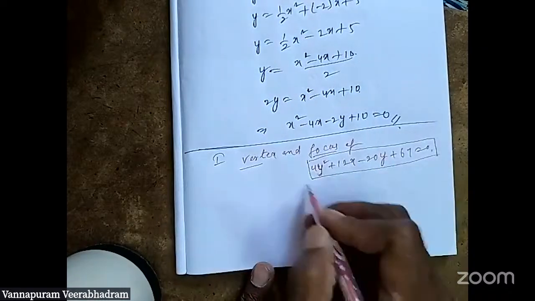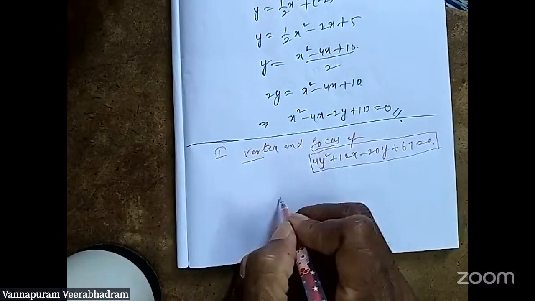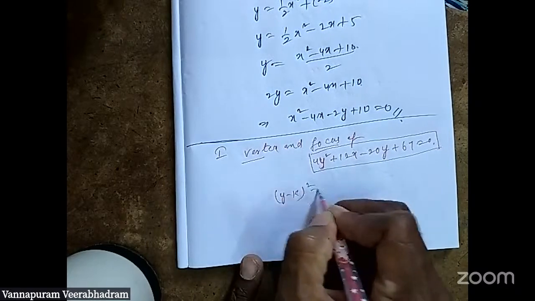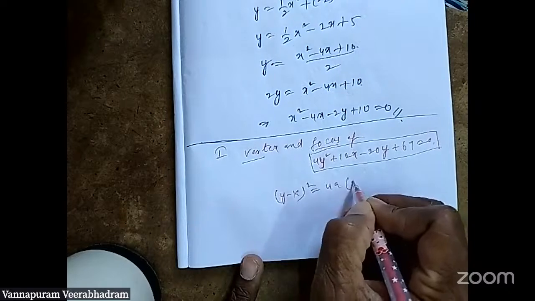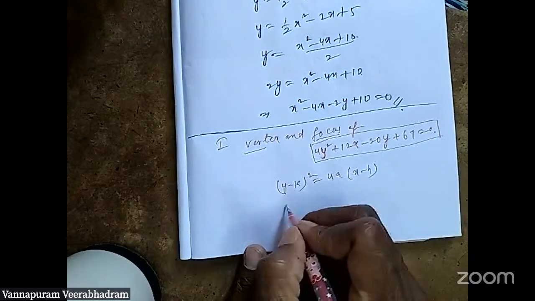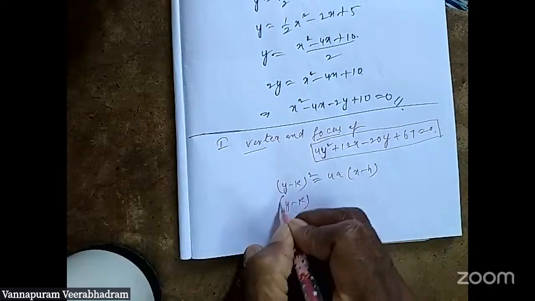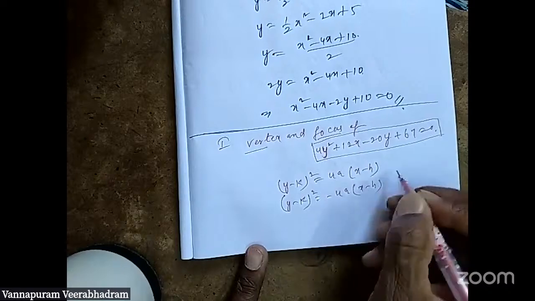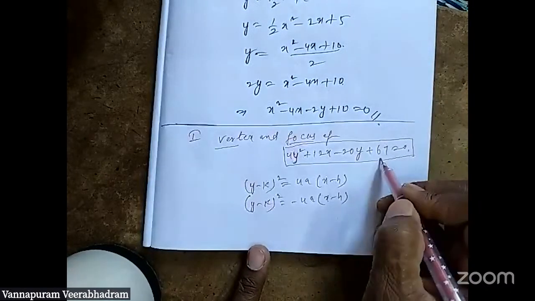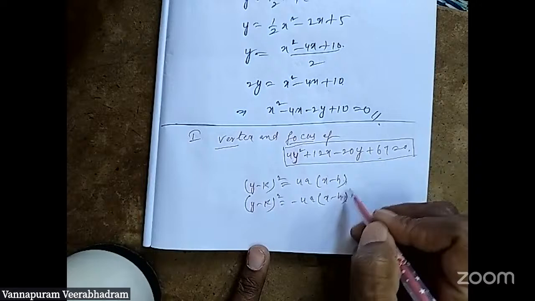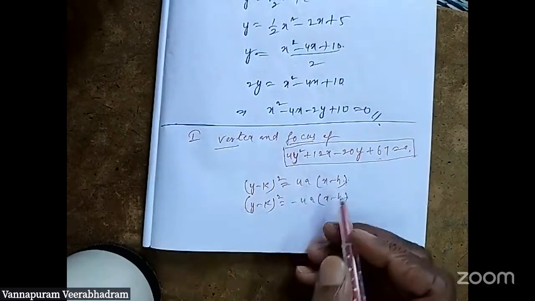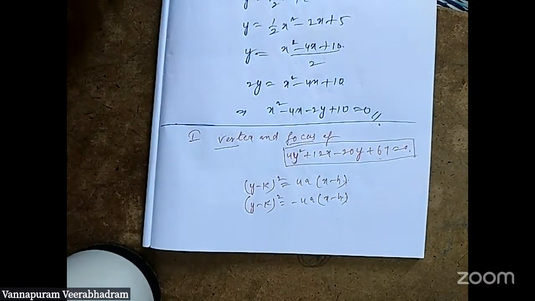So therefore the equation can be transformed into the form y minus k whole square is equals to 4a into x minus h, or y minus k whole square equal to minus 4a into x minus h. By transforming the equation into this form or this form, we will get any one of the forms, and then find the vertex and focus of the corresponding parabola.